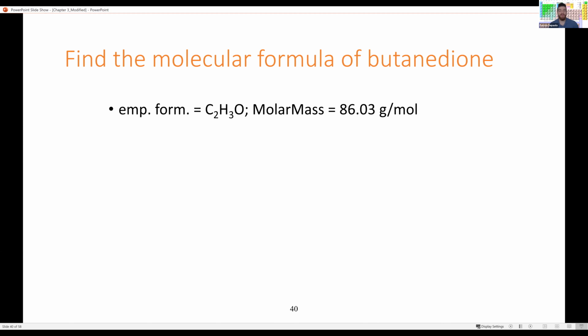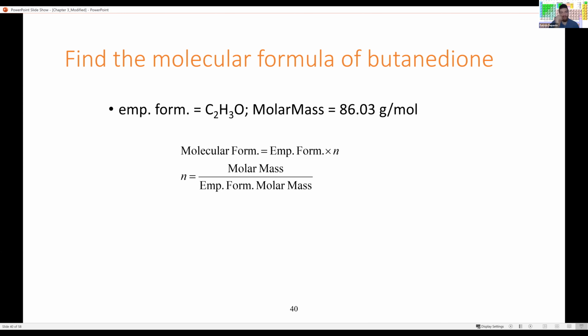Basically, what you do is, I don't even like to look at equations. What I do is first figure out the molar mass of the empirical formula, and then figure out how many times that goes into the molar mass. So how many times the empirical formula goes into the molecular formula, then multiply it by that number. That's basically what we're doing.